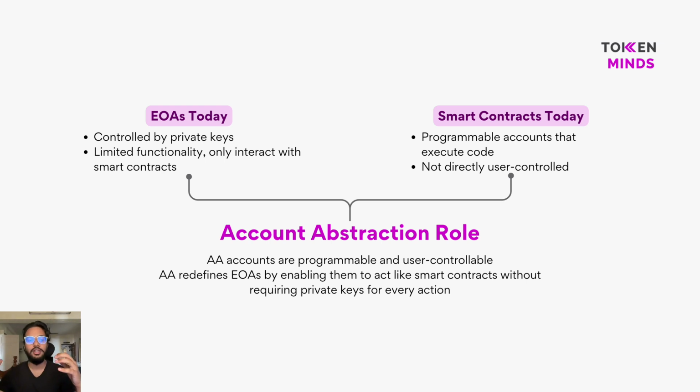As I explained earlier, the role of account abstraction is to combine these two into one, so that you have no issues signing transactions, and your wallet can also behave as a smart contract with executable code.